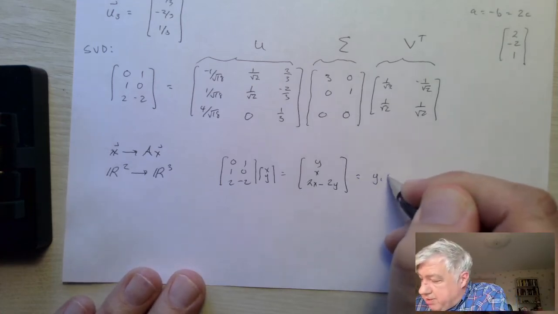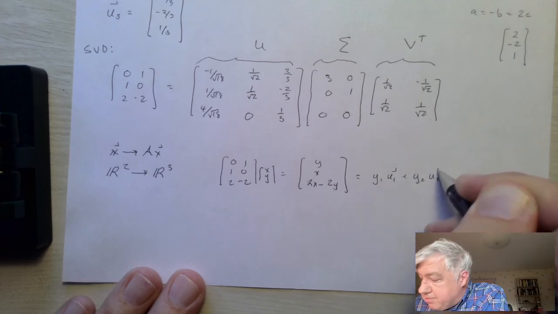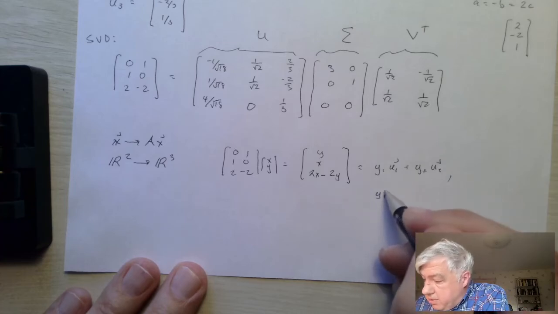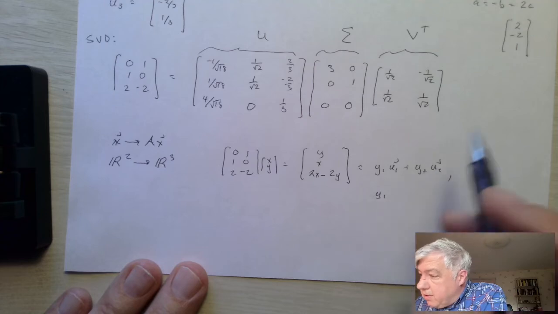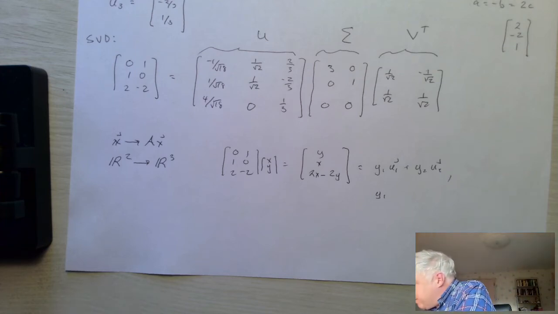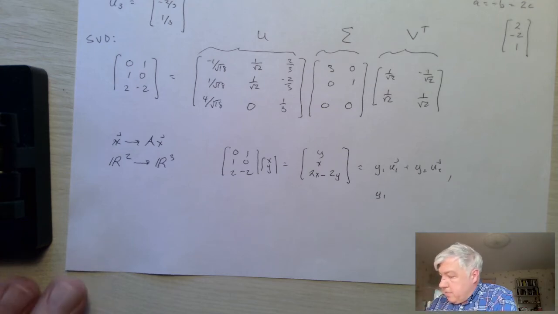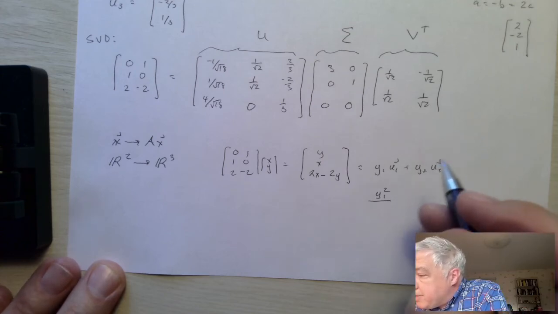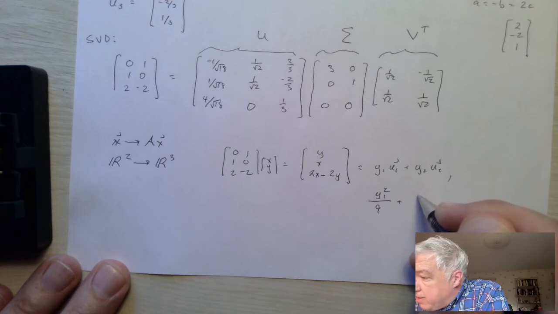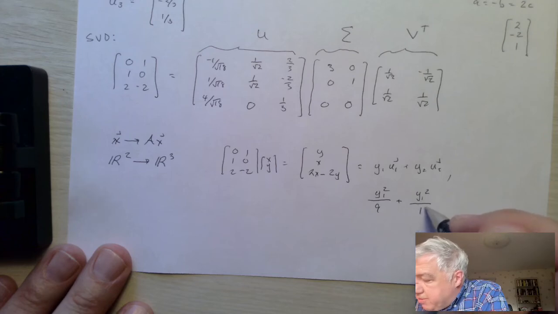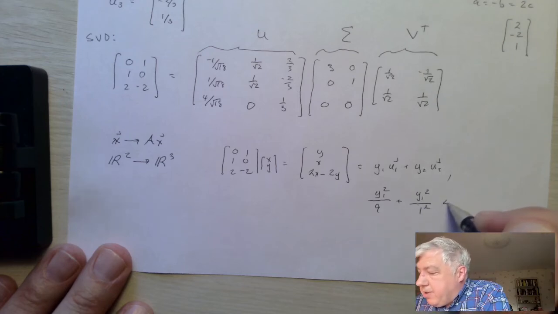So this will be y1 u1 plus y2 u2, and we saw this before. y1 squared over sigma 1 squared, which we said is 9, plus y2 squared over sigma 2 squared, which is 1, is going to be less than or equal to 1.